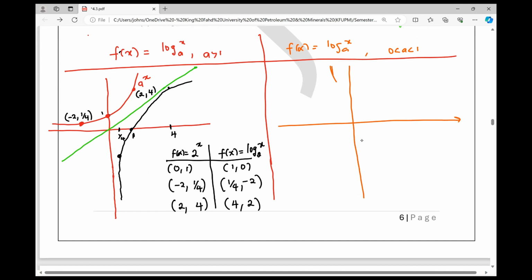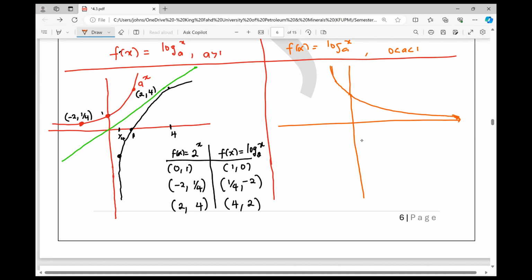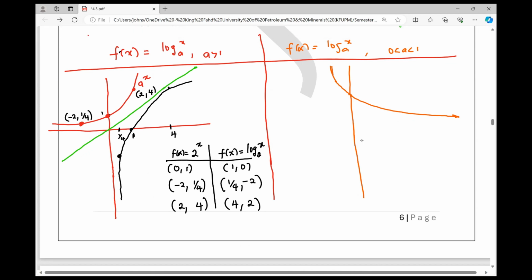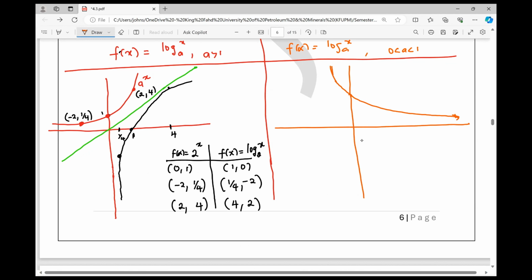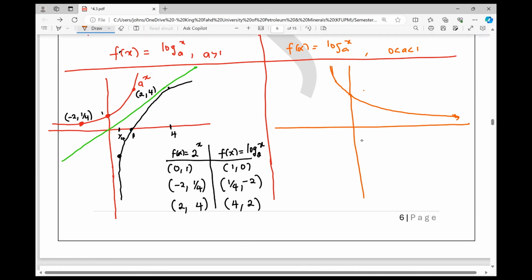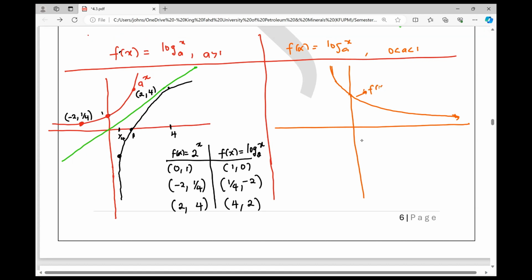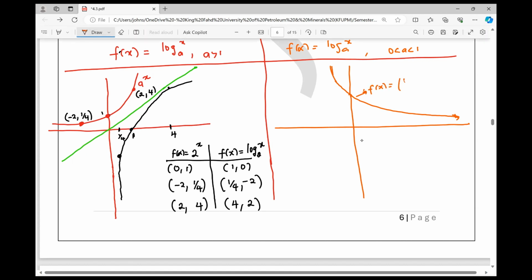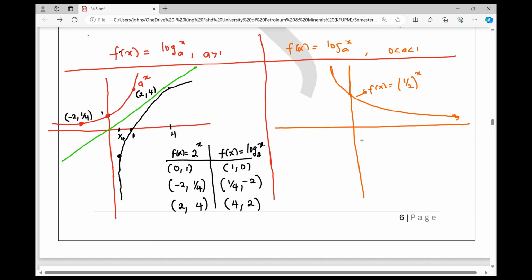So this is not touching 0. Let's say for example, f of x equals 1 over 2 to the power x.